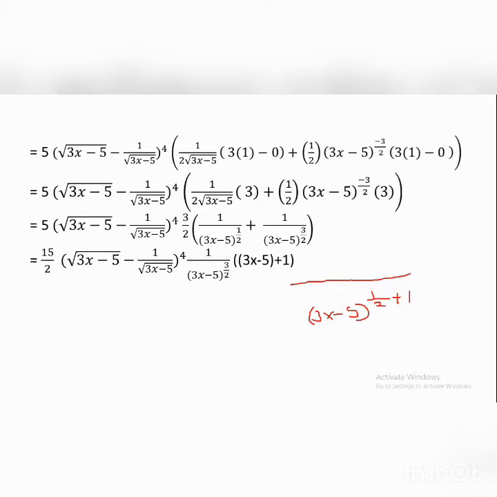It is possible when we multiply and divide with this term, 3x minus 5. So here, power 3 upon 2 is a common term, and what remains inside is 3x minus 5. So this term remains, plus this 1.